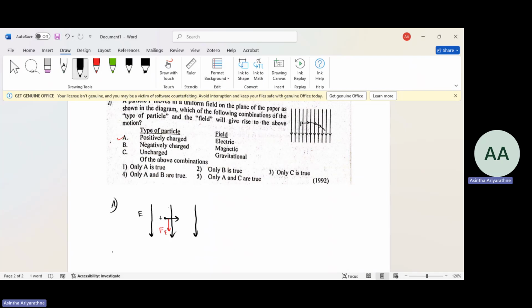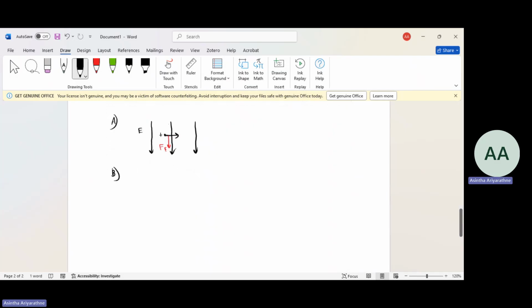B: negatively charged with a magnetic field. Now it is a magnetic field acting downward.